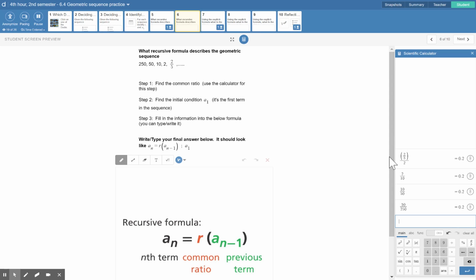Now you can keep it as 0.2, you can make it a fraction, it does not matter. So our R is going to be 0.2. And then our A sub 1, our first term, is 250. So you're telling the reader where to begin.